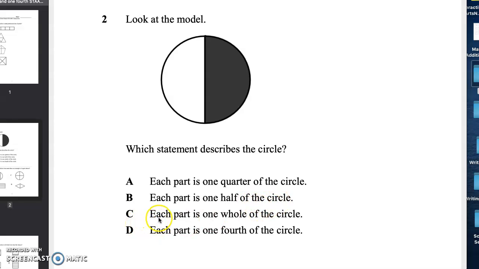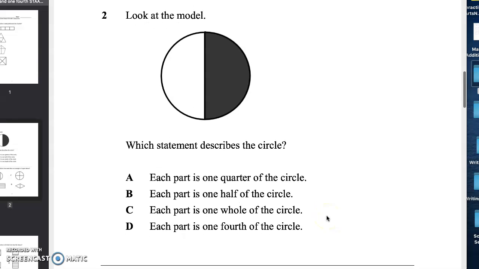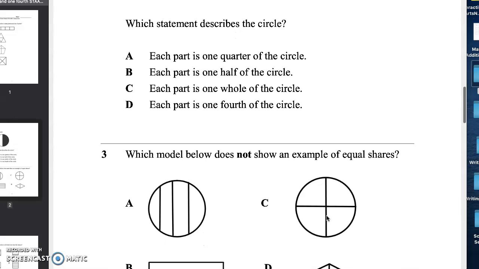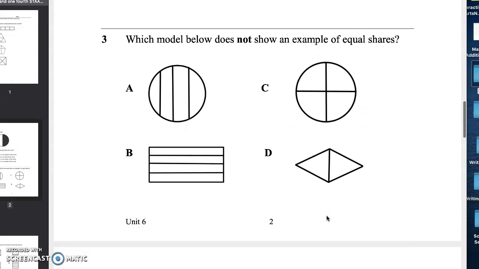C. Each part is 1/2 of the circle. Or D. Each part is 1/4 of the circle. Okay, go ahead and answer that. And then we're moving on to question 3.